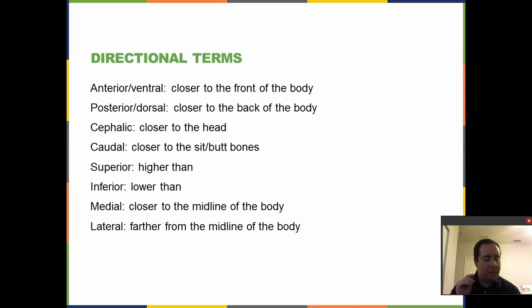And be careful, this only refers to the anatomical position. So you have to assume that the patient is standing up. Even if the patient is laying down, the head is superior to the chest. Okay? Even though if they're laying down, they may be even to each other. Superior means towards the top. Inferior means lower.